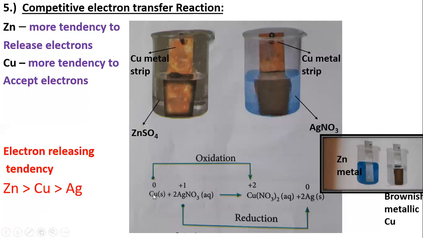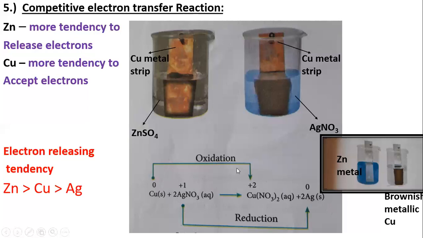The copper on the reactant side has 0 oxidation state, and the copper on the product side has +2 oxidation state. So 0 to +2 increases by 2, which means it is an oxidation reaction. And here AgNO3 to Ag, silver goes from +1 to 0, that is it decreases.